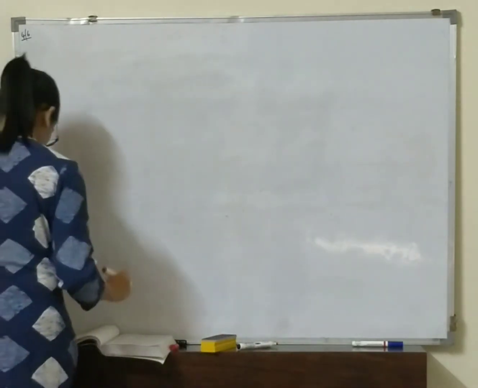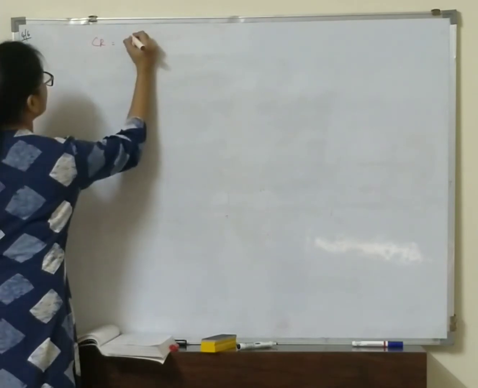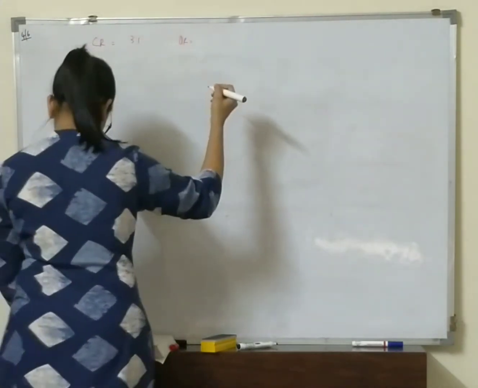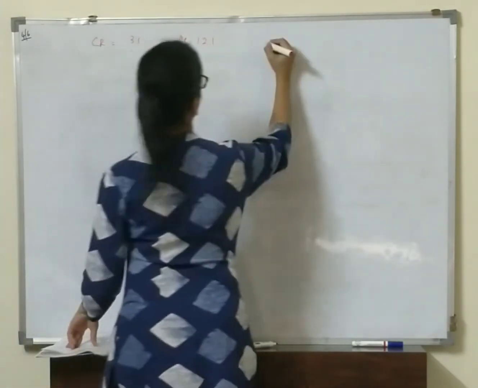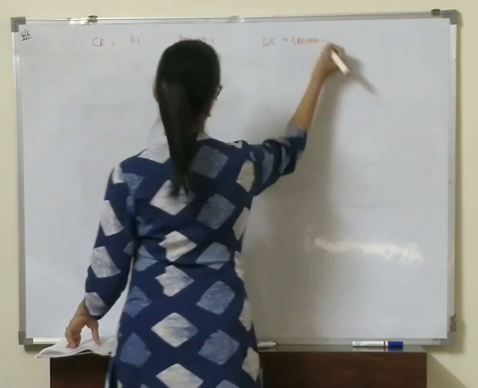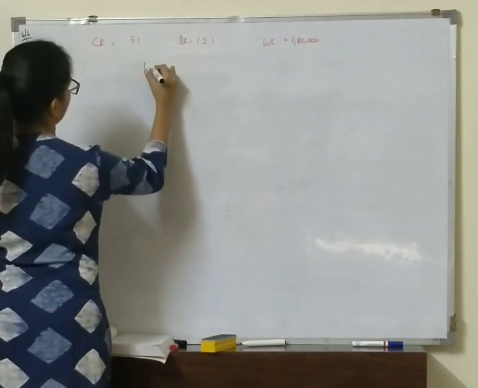So what is given in the problem? First, we have been given current ratio, that is 3:1. We know quick ratio, that is 1.2:1. We know working capital, that is 1,80,000. What's the formula for working capital?